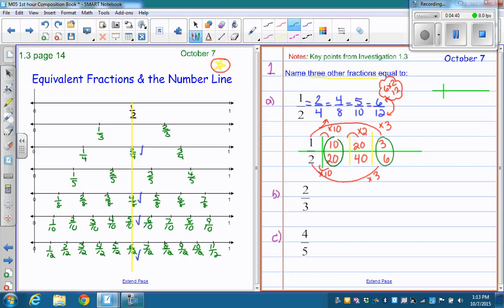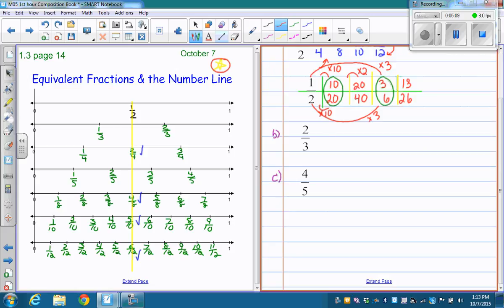So I can add this column to that column and come up with another equivalent fraction. So 13. I add the top, the numerators, and then I add the denominators, 13/26. Those are all examples of fractions that are equivalent to 1/2.